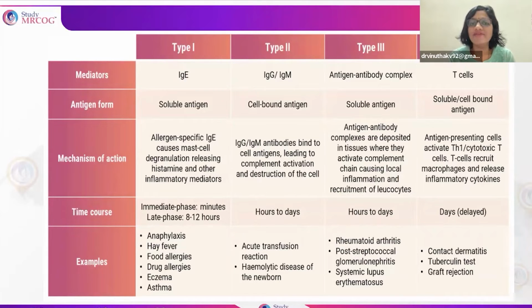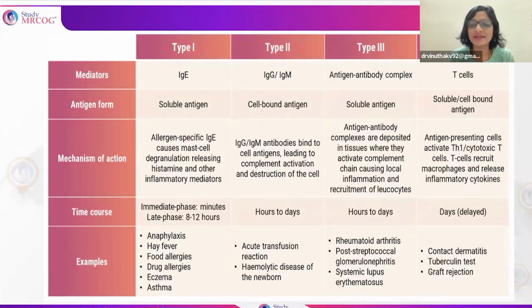Then we have type 4 hypersensitivity reaction, that is T cell mediated. This is the only cell mediated one, whereas all the other three are antigen antibody mediated. Here it can be a soluble or cell-bound antigen. Antigen presenting cells activate T helper 1 and cytotoxic T cells.